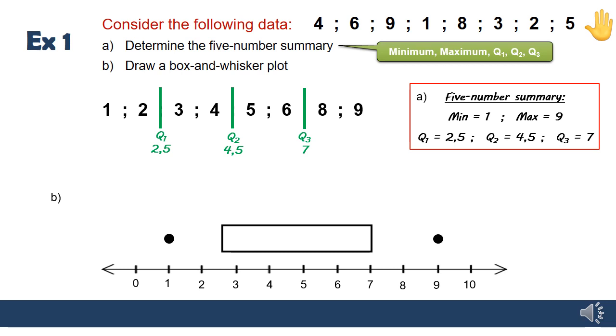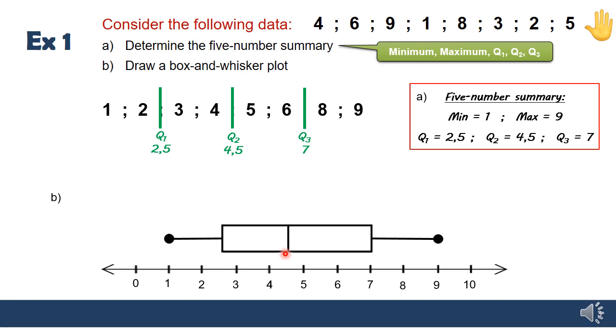I've done my best to draw this box from 2.5, which is quartile 1, up to 7, which I can do a little bit more accurately, at quartile 3. I then draw a line in the middle that represents the median, quartile 2, which is at 4.5.